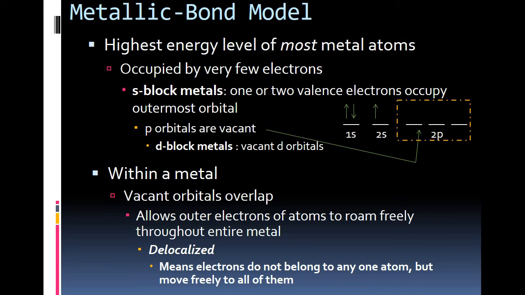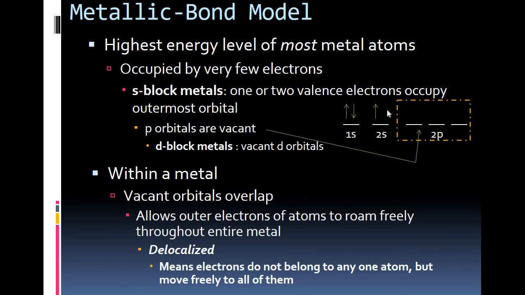We know the highest energy level of most metal atoms is relatively empty. They are occupied by very few electrons. Some of them have 1 electron in the s block, where you can see right here, you have the 2s and the 2p. There's 1 electron in that whole entire outer energy level. And that's typical of anything that's in group 1.